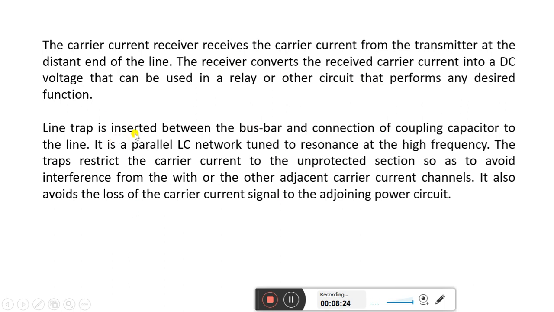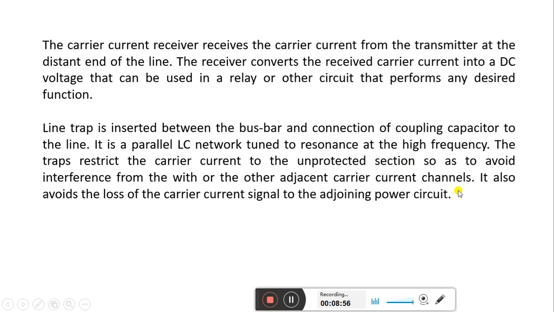Now the line trap is inserted between the bus bar and the connection of the coupling capacitor to the line. It is a parallel LC network tuned to resonance at high frequency. The traps restrict the carrier current to the protected section so as to avoid interference with other adjacent carrier current channels.